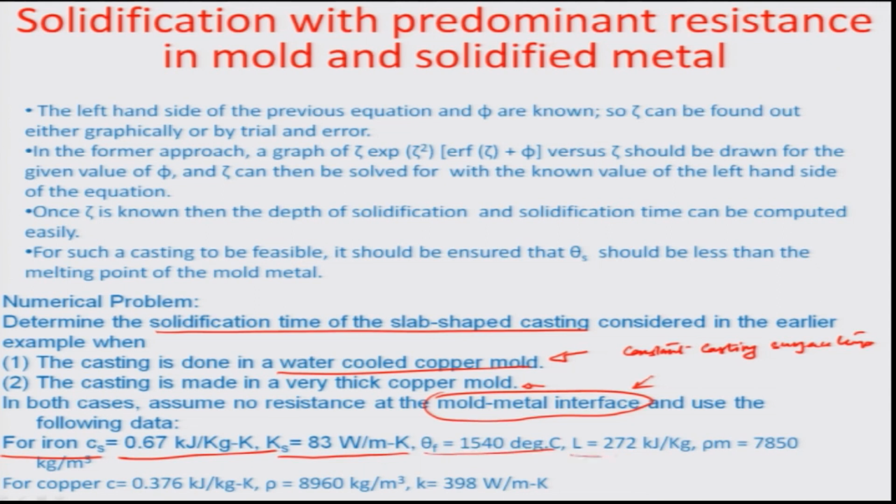L is basically the latent heat of solidification, 272 kilojoule per kg, and the density of the liquid metal or the solid metal, both, is about 7850 kg per meter cube for the iron metal, the solidifying metal. And for the mold side, for the copper, similar observations have been made for the specific heat capacity, the density of the material, and the thermal conductivity of the material.